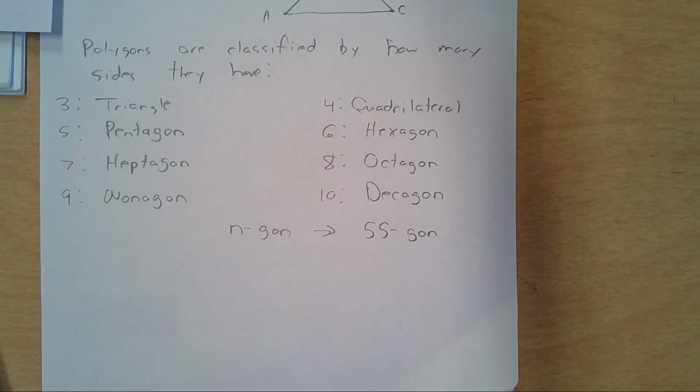If there were 109 sides, we wouldn't try and figure out what the name of that is. So I would just call it a 109-gon, which again sounds a little weird, but how far would you have to memorize this? Using this n-gon phrase, you could literally have any amount of sides and just say it's a 1078-gon or something.